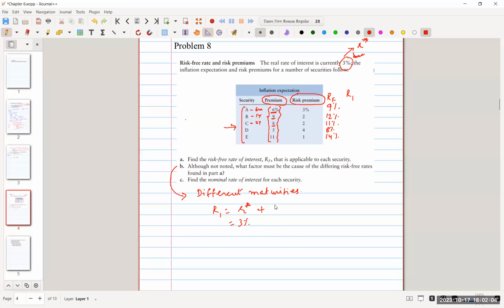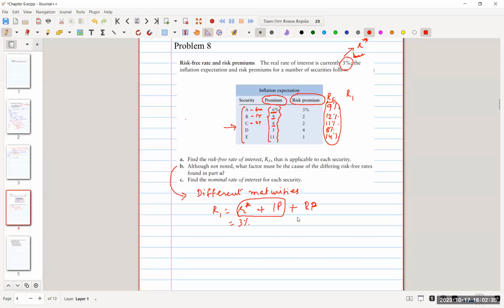We need the inflation premium, which is available in the second column, and we also need the risk premium, right? Or you could have simply used a combination of these two, because you have already calculated that in this column. So this column plus the risk premium, RP, would give us the nominal rate of interest.